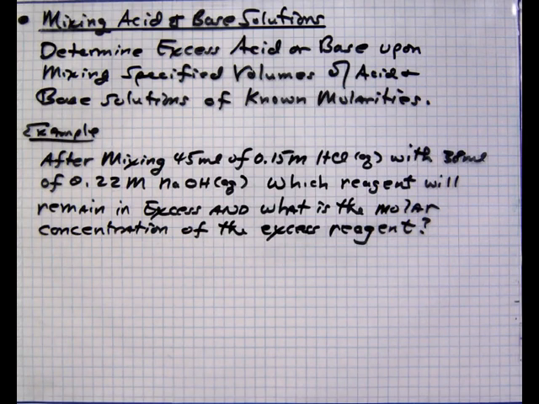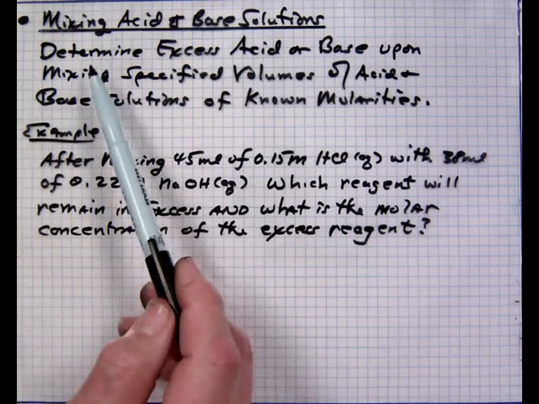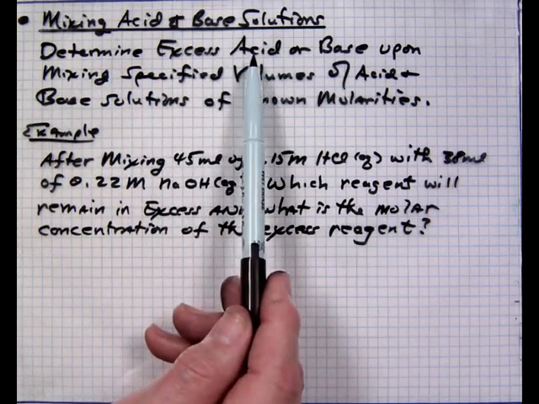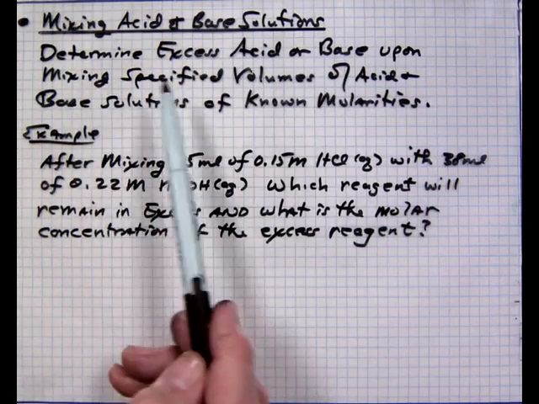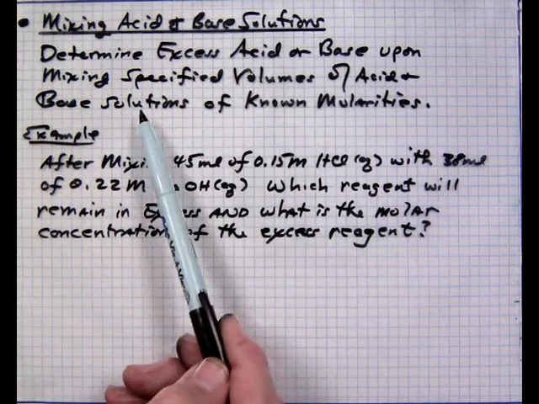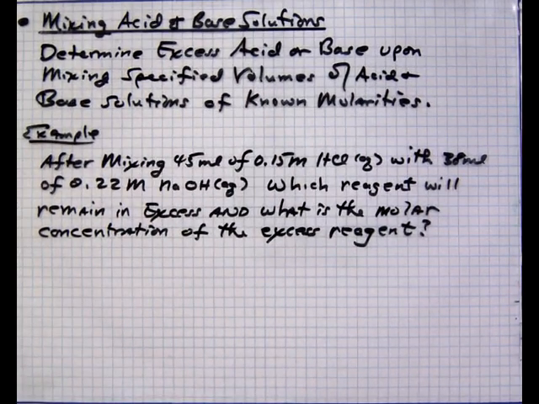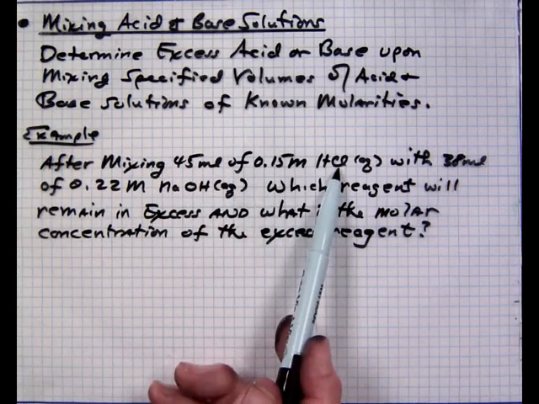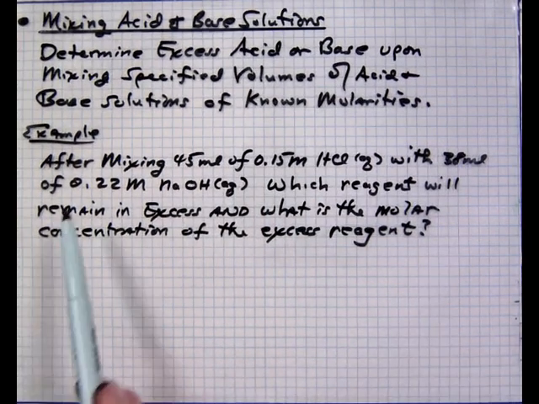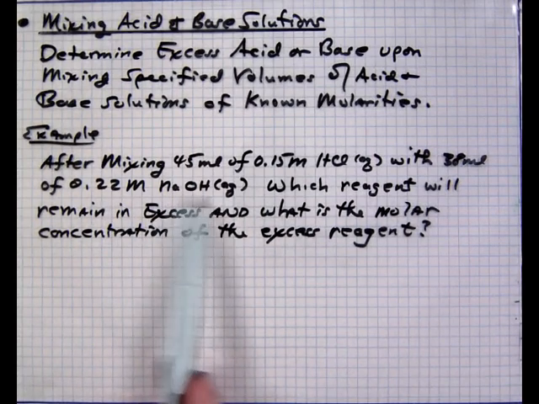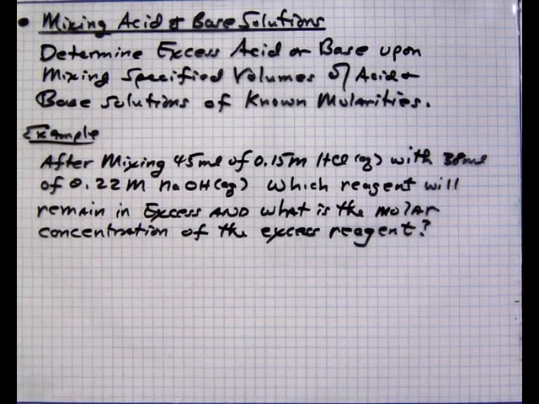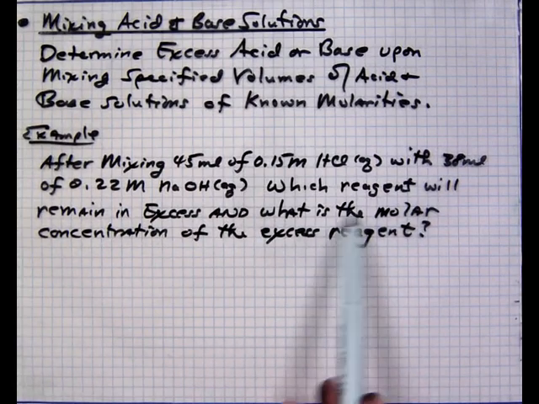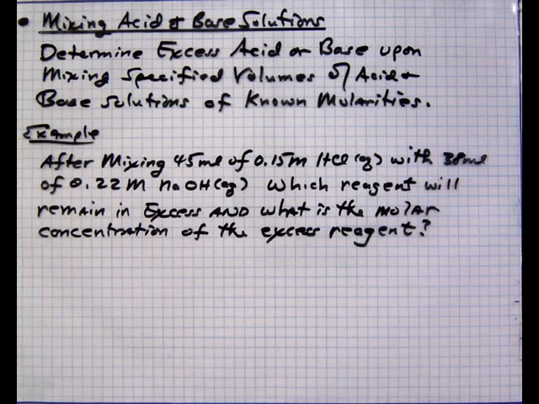The issue is determining excess acid or base upon mixing specified volumes of acid and base solutions, both having known concentrations. Here's an example that we want to work through. After mixing 45 milliliters of a 0.15 molar HCl with 38 milliliters of a 0.22 molar sodium hydroxide solution, which reagent will remain in excess, and what is the molar concentration of the reagent in excess?